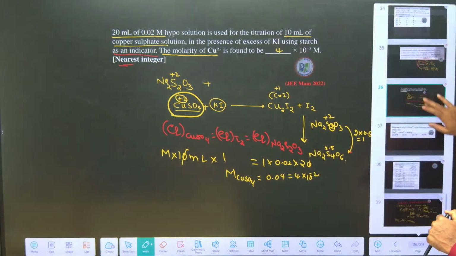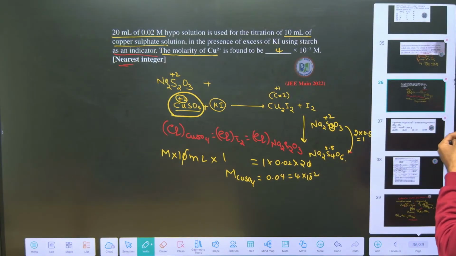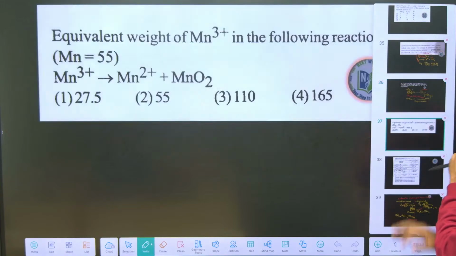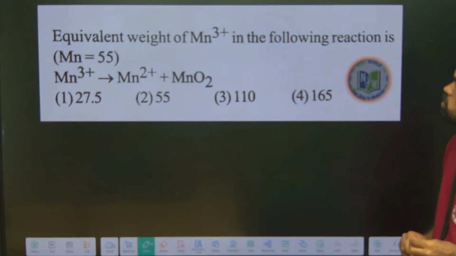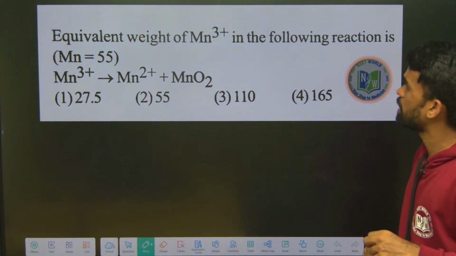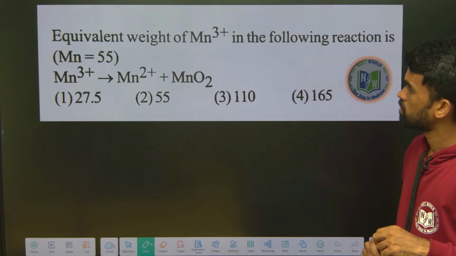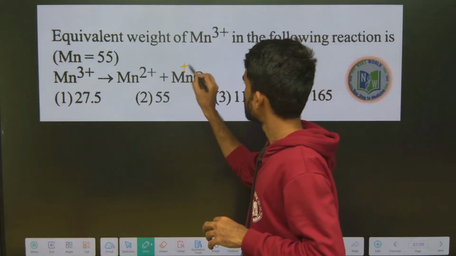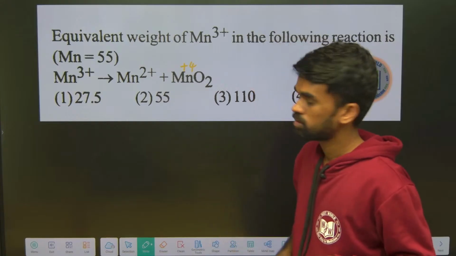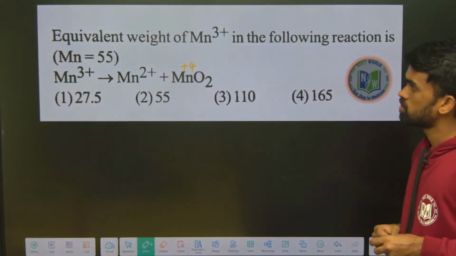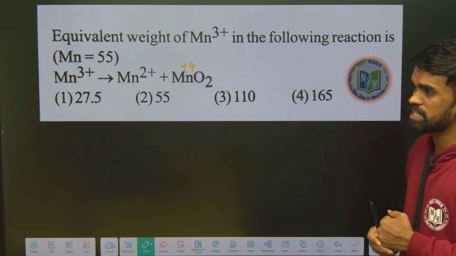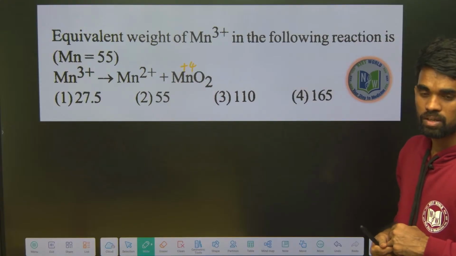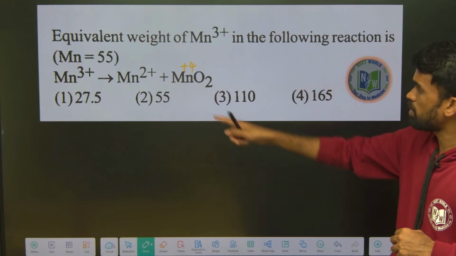Okay, next. What is the equivalent weight of Mn in the following reaction? Which type of reaction is it?